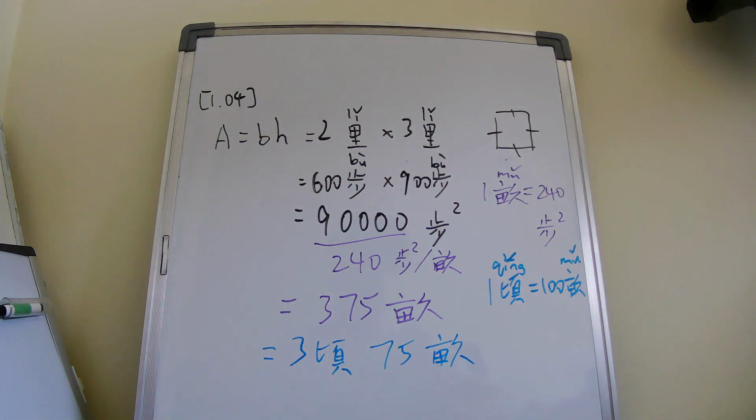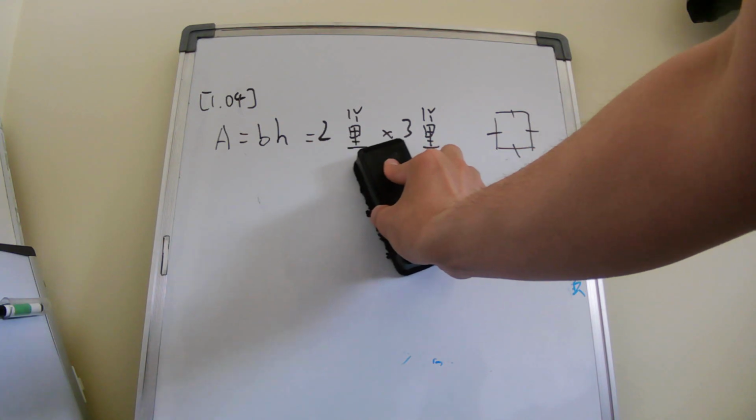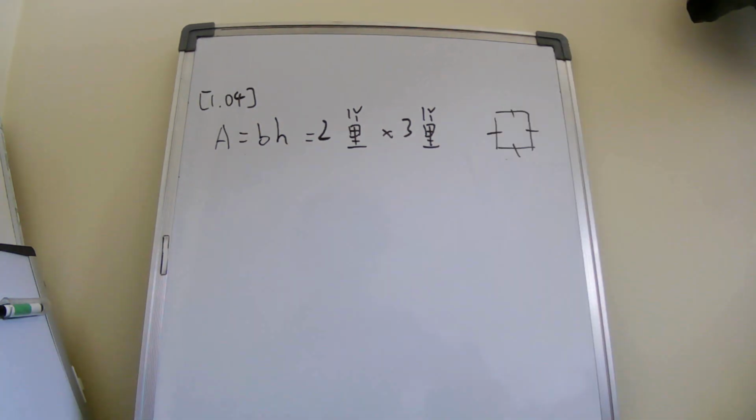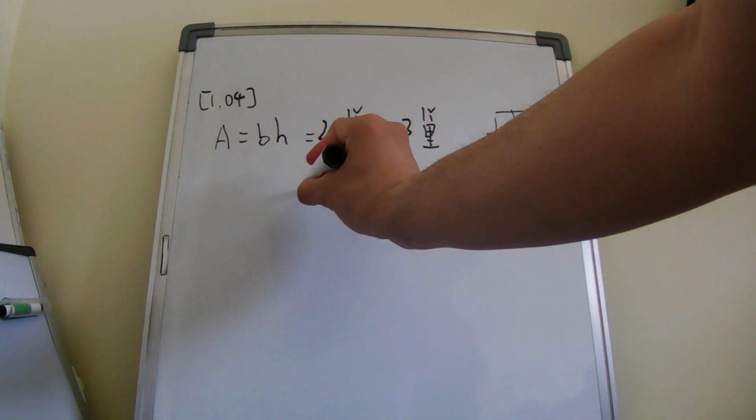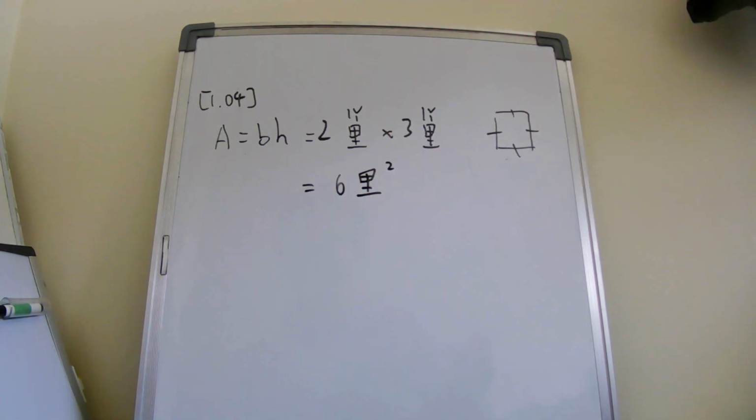Now we could just calculate like this and get the bu squared, but that's not what the method tells us to do. So I'm going to erase all that and straightforwardly multiply 2 and 3. This will give us 6 li squared.